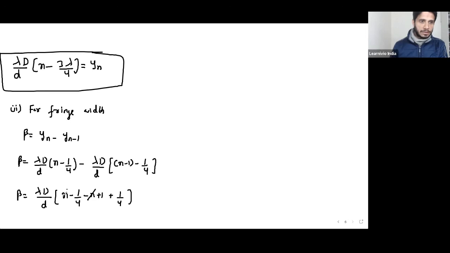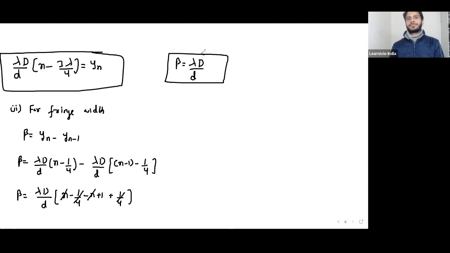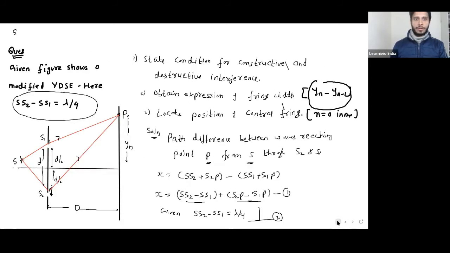So 1 by 4 will cancel this 1 by 4, and your fringe width comes out to be lambda D by d. So this is the fringe width. You can see fringe width is not changing. In the original experiment, when this source was at the perpendicular bisector, the fringe width was lambda D by d. Now again, the fringe width is the same. Fringe width is not changing.